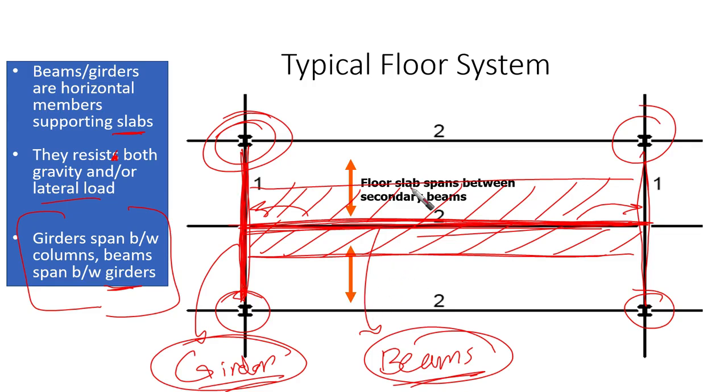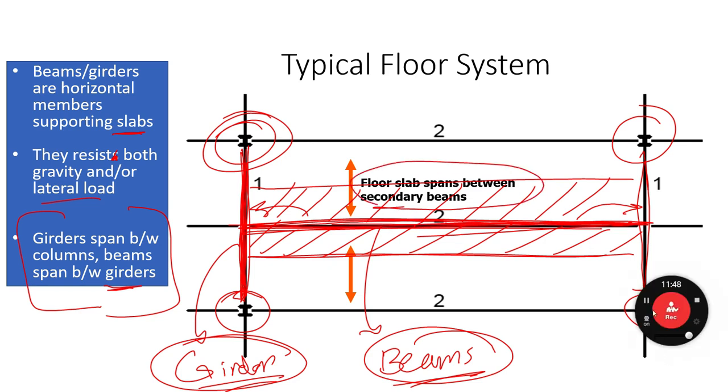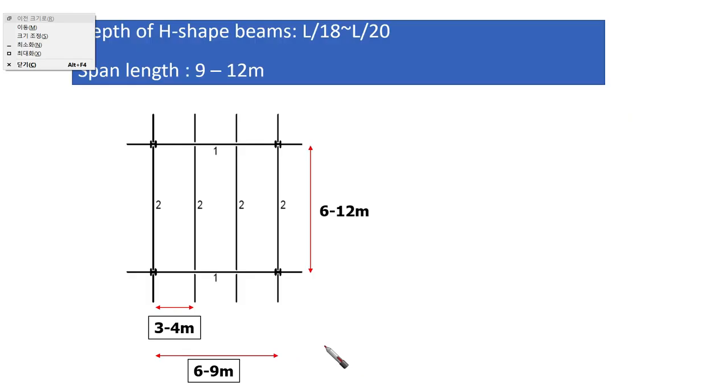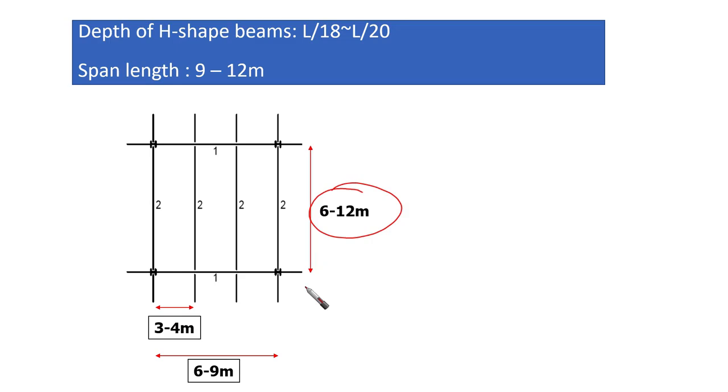Okay, so this is how the floor slab spans between secondary beams as we put it here. And this is the primary beam. So commonly the length of the beams ranges between 6 to 12 meters.